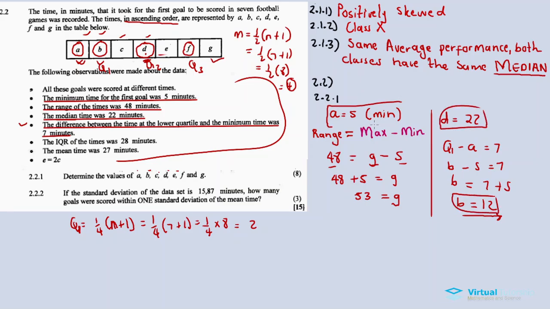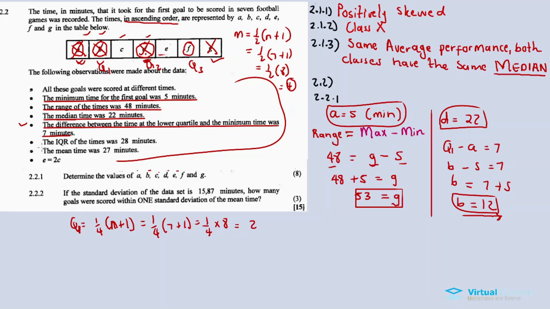A I did calculate, G I did calculate. A, B, D I have. We are going to calculate F. C and E as well, but anyway, let's go back.